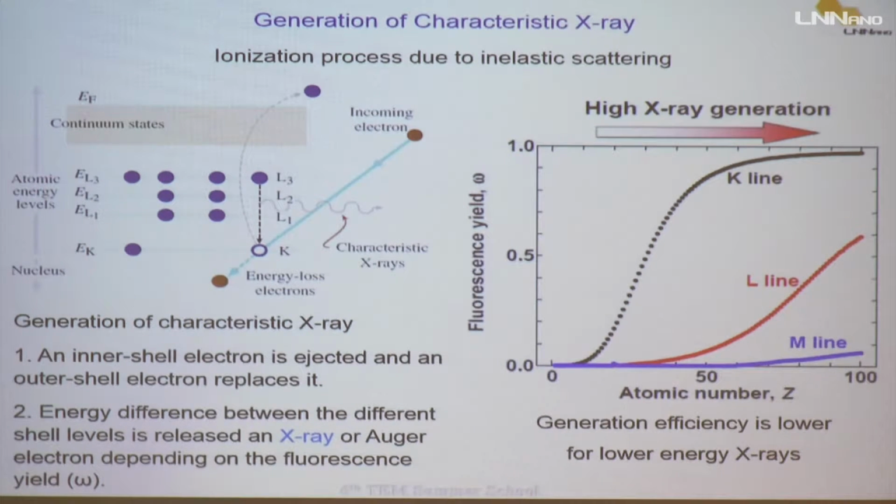With EELS, you can analyze light elements more easily. And with X-ray spectrometry, you can have information on higher atomic number elements. It's a very good idea to use both techniques complementarily. And it's clear this idea of the probability.